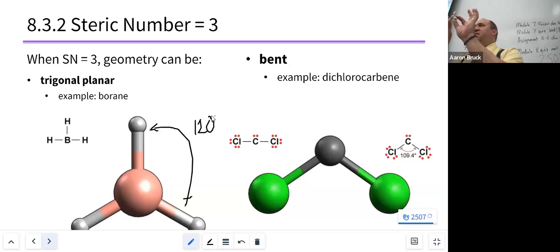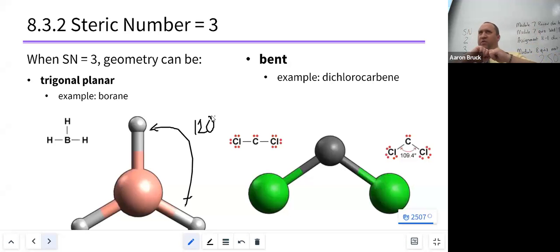After all, again, if we think about this as a triangle, if a circle is 360 degrees, 1/3 of that circle would be 120 degrees. Now, what's important to know is that there are differences once we start looking at whether we have bonding sets or non-bonding sets. So when all 3 of the sets here are bonds, the name of this shape is trigonal planar.